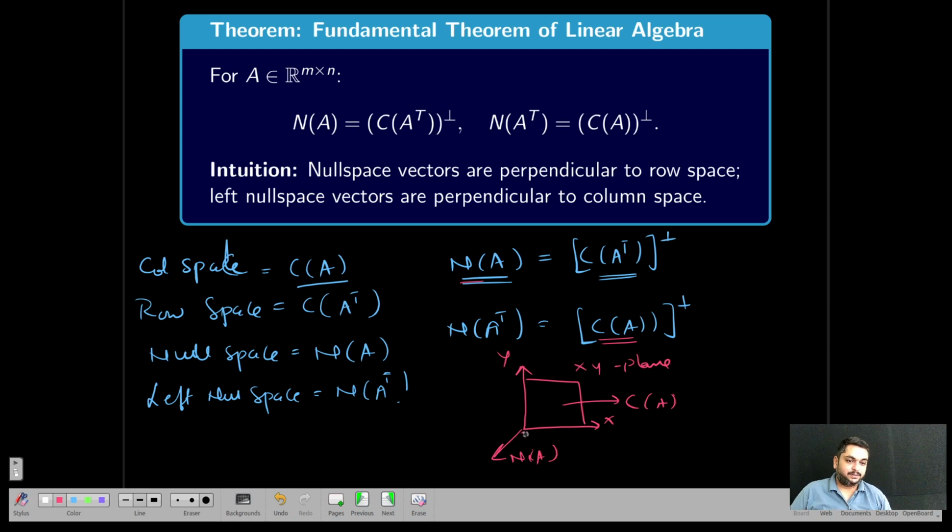So the angle between this plane and this is 90 degrees. That is the meaning: they are orthogonal complements to each other.